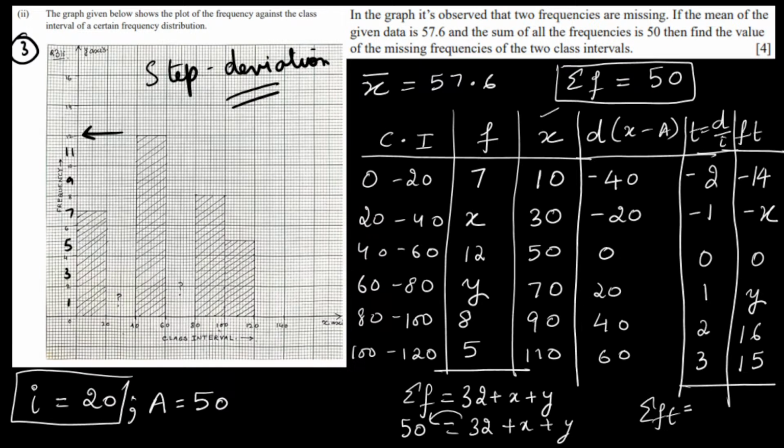We can do minus 14 plus 31, because here we have minus 14 and plus 31. So 31 minus 14, 11 minus 4 is 7, 17. Yes, so this is positive 17. So we will get 17 minus x plus y.